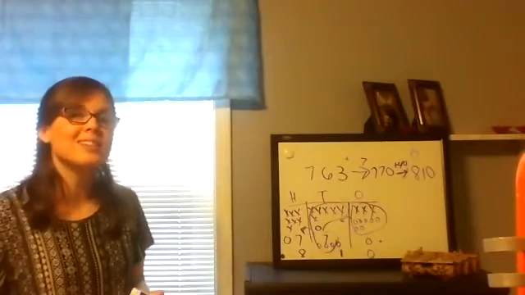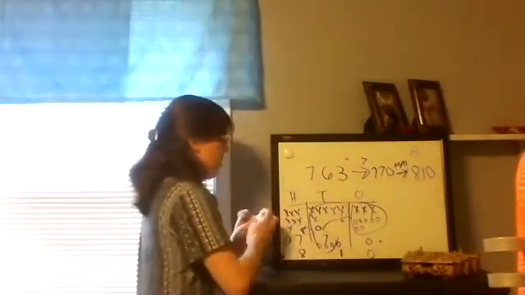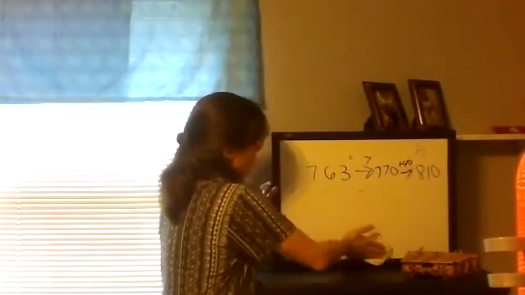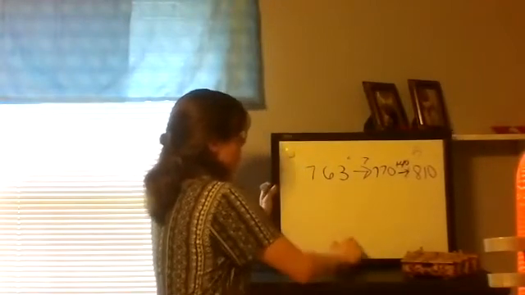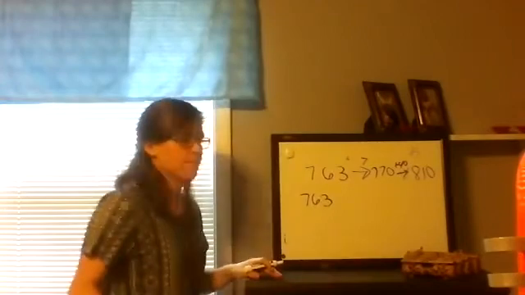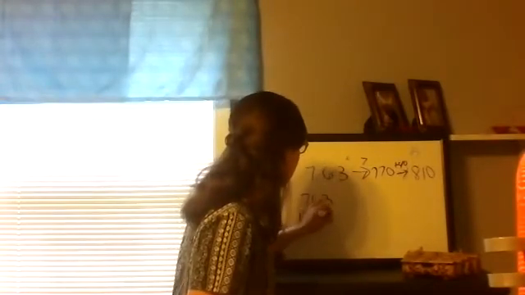This is how we use our place value chart to solve. Now, let's look at the standard algorithm. I'm going to erase my place value chart. And I'm going to start with my original number on top, 763. And then I want to add 47.